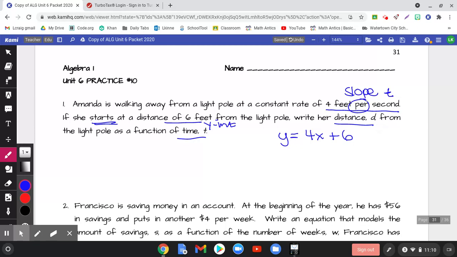It wants you to use your letters. So slope is how fast she's going per second. So the t is your x. The total distance is your y. So just replace those. d equals 4 times t plus 6. So just make sure if you start with the y equals that you then incorporate those letters.